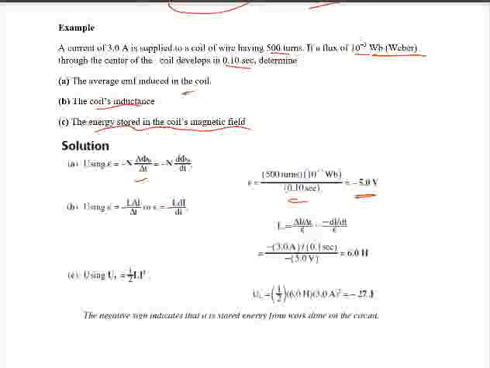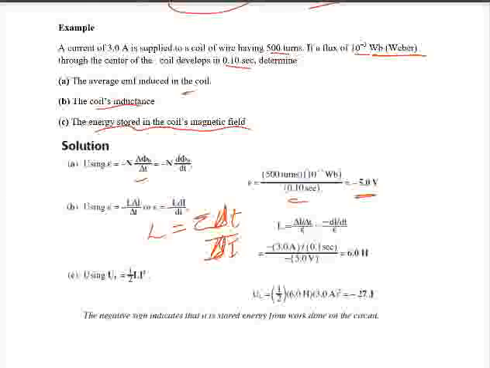5 volt. And to get the self-inductance, from this equation, L is equivalent to induced EMF times dt divided by di. No, this is not right.